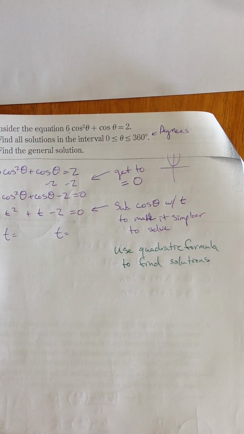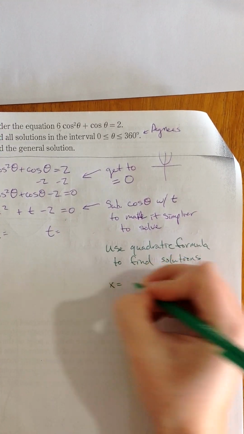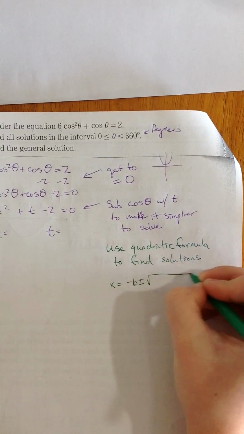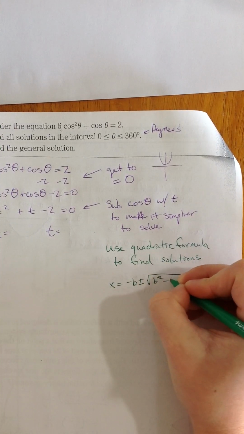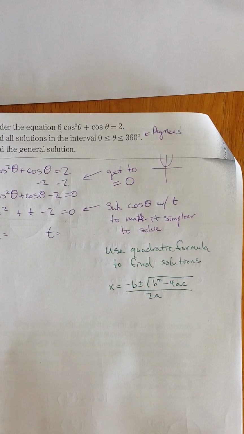Okay, and if you don't remember what quadratic formula is, that's where x is equal to negative b, or the opposite of b, plus or minus square root of b squared minus 4ac, over 2a.